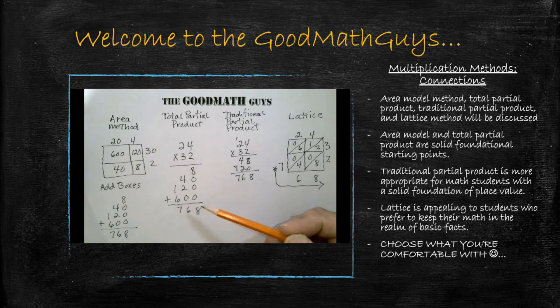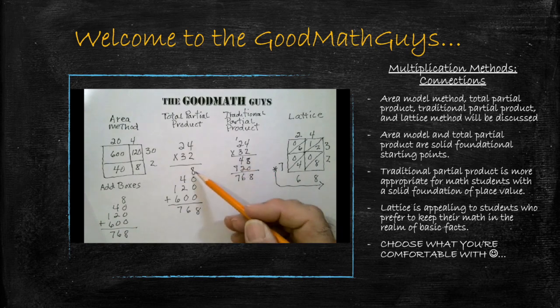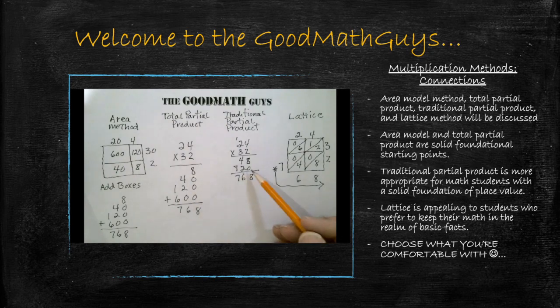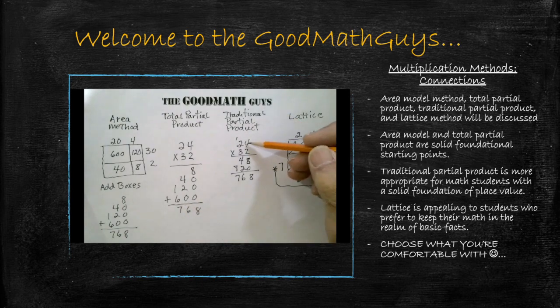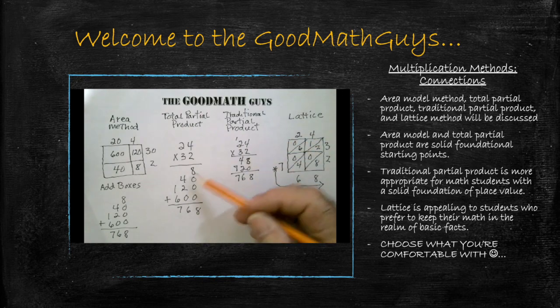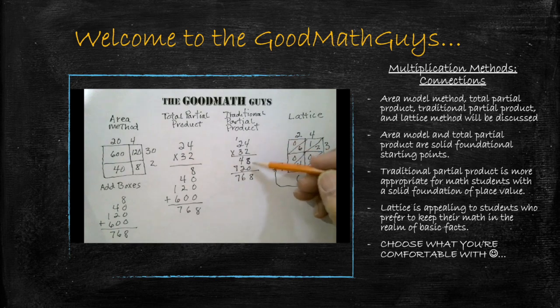It doesn't take very long for them to say, well, this 48 is a combination of that 8 and that 40. And then I'll say, well, do you see the 720 anywhere over here? And almost immediately they'll respond by saying, well, the 720 here is an addition of the 120 plus the 600. So what traditional partial product does is it compresses these four partial products into two. But there's a trade-off.